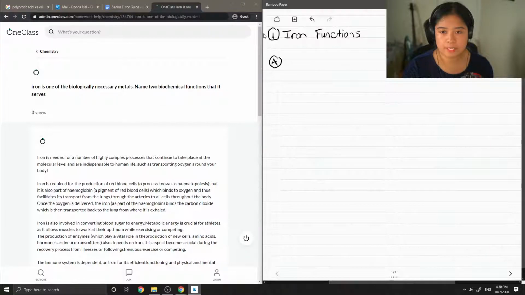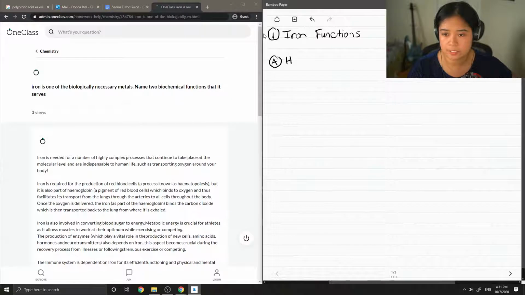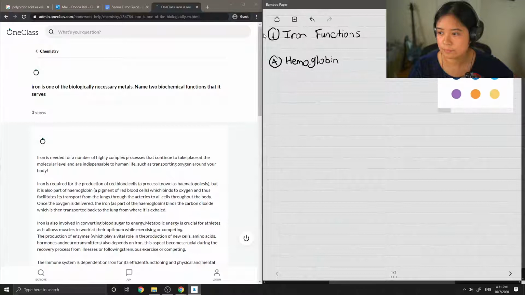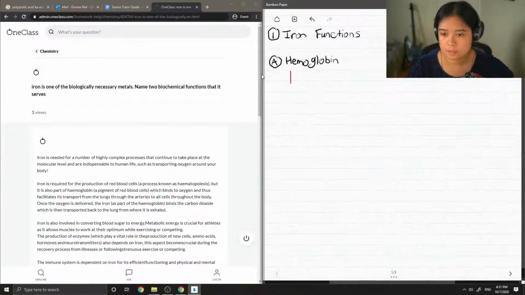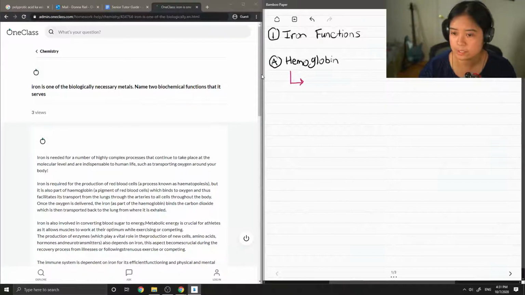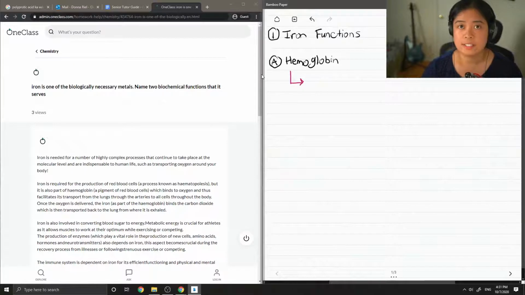So one of the main functions of iron is that it is found in the protein hemoglobin. Hemoglobin is a protein that's found in your red blood cells.